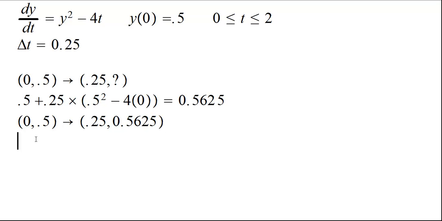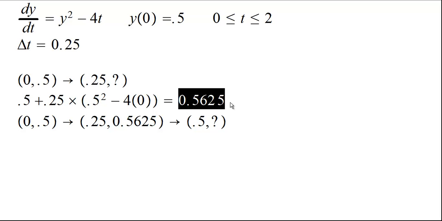This was our first point, and this is the second one. Then we are going to proceed the same way. We shall add 0.25 to this, which is our increment. So 0.25 plus 0.25 is 0.5, and then we are going to repeat the process.